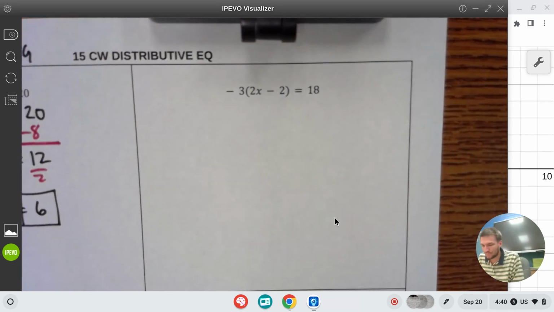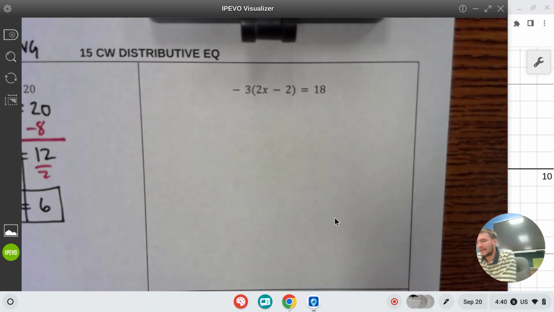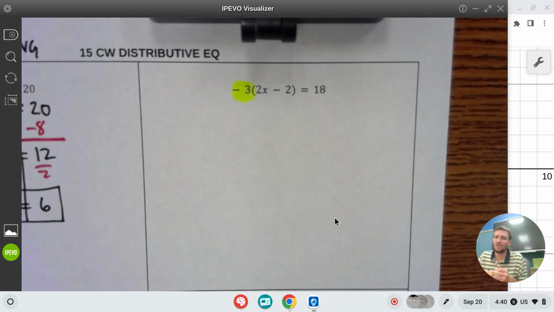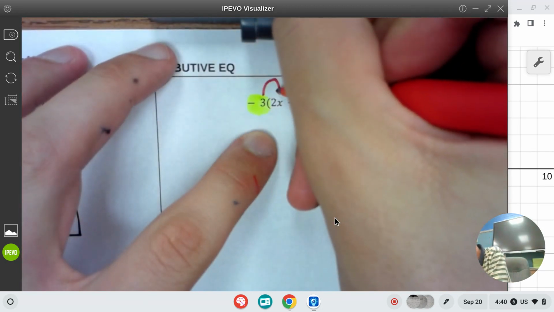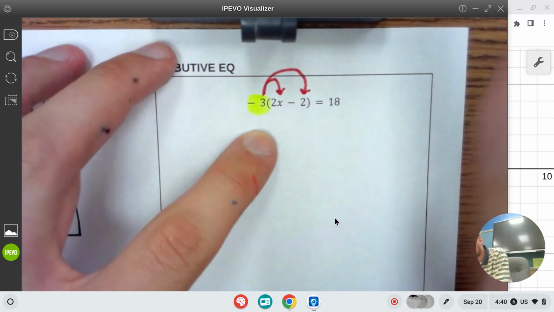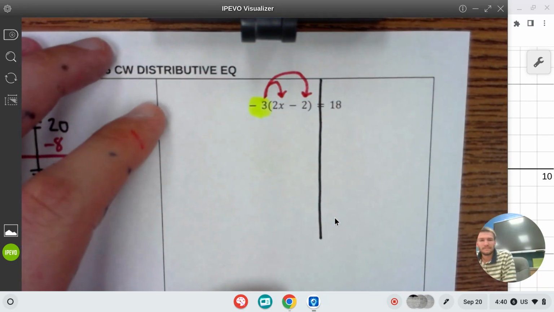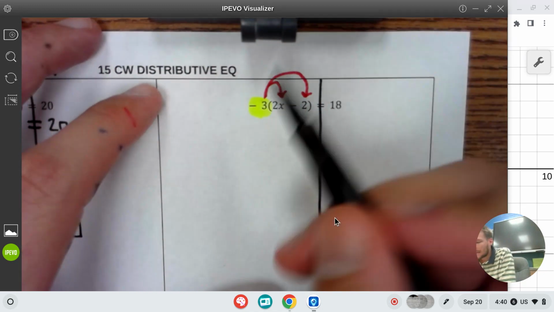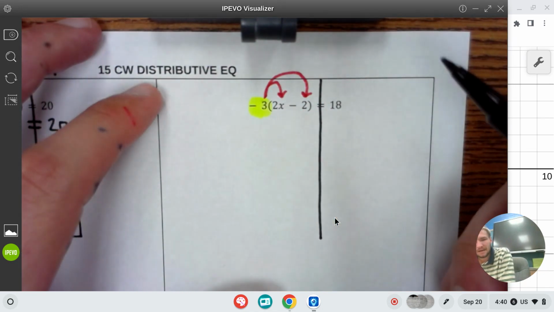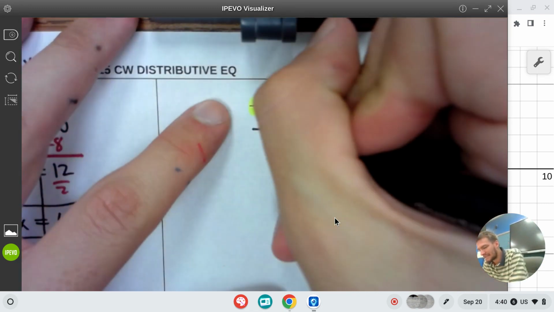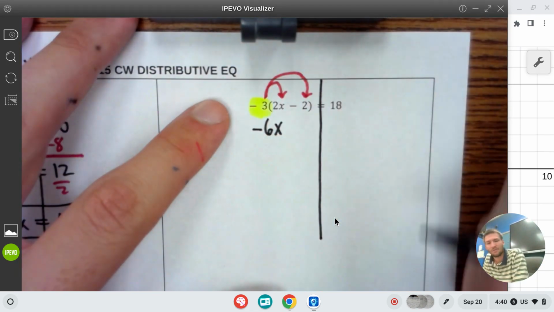Number 2, we're doing this question because we have negatives, and a lot of students struggle with distributing negatives. So be careful. Draw your arrows, line down your equal sign. -3 times +2, that's going to be -6. x, don't forget your x's.